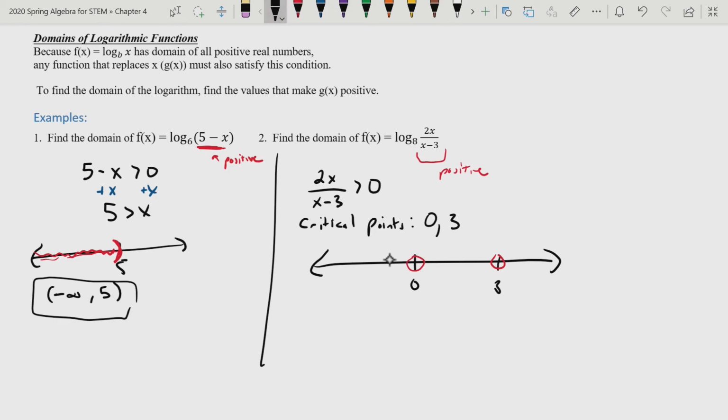So now we can test points in the various regions to see what the sign is. If you plug in -1 for x, you get 2 times -1 over -1 minus 3, which is -2 over -4. That's a negative over a negative, which is a positive. So any point in this region is included. These are positive.